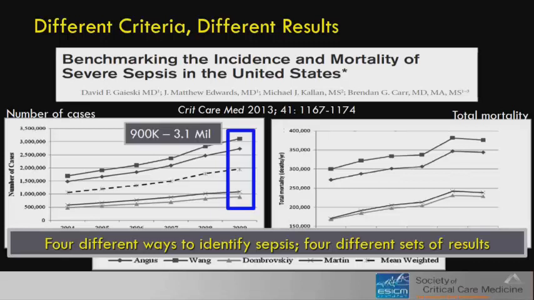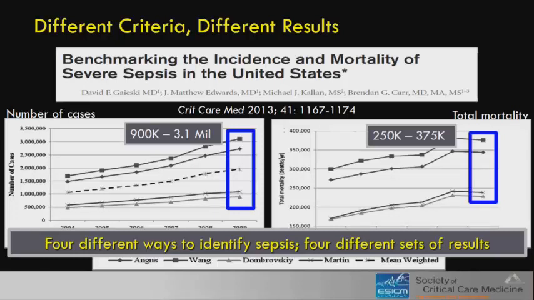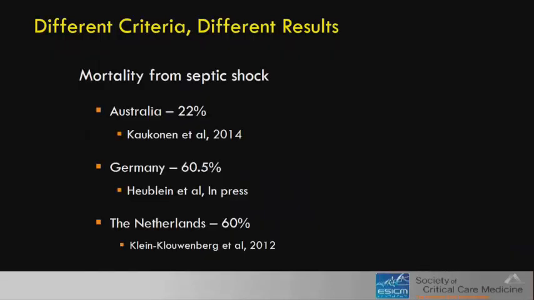So the incidence of sepsis in the United States in hospitals moves from 900,000 to 3 million. And the mortality varies significantly across all these different definitions. So that's, again, seen to be an epidemiologic and funding and research problem.